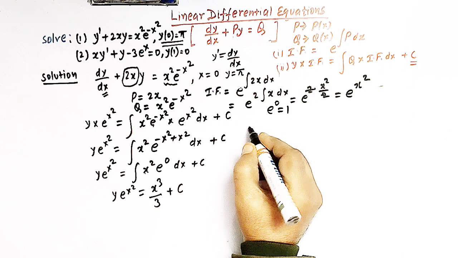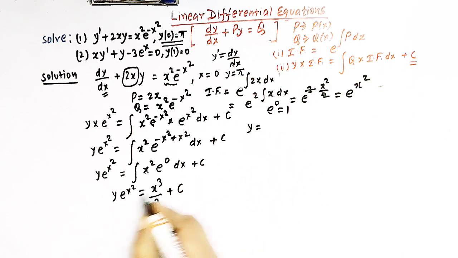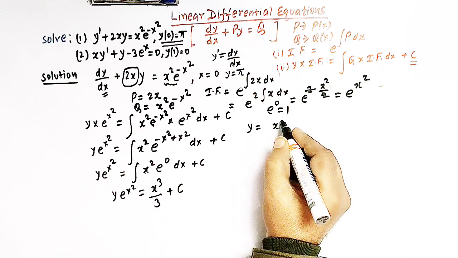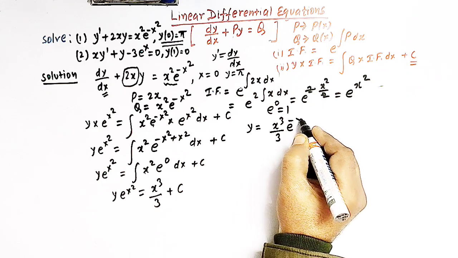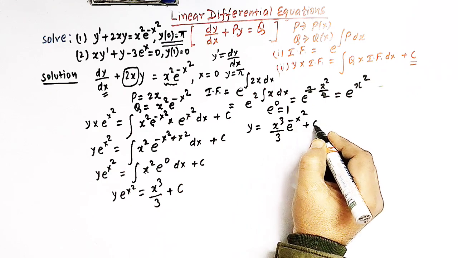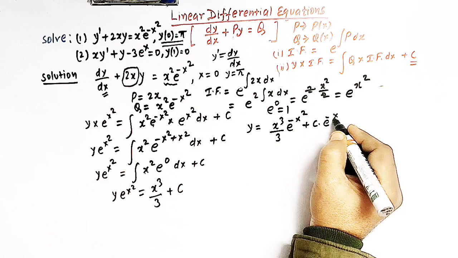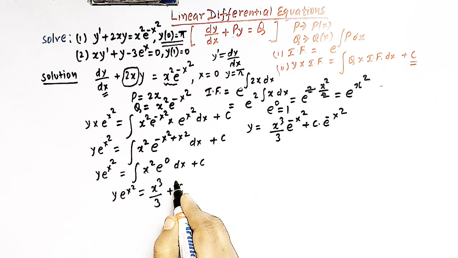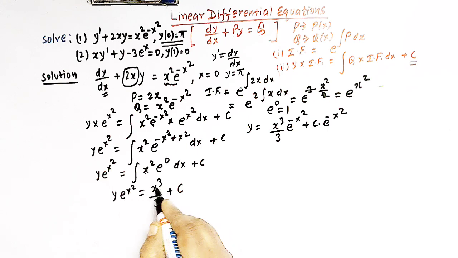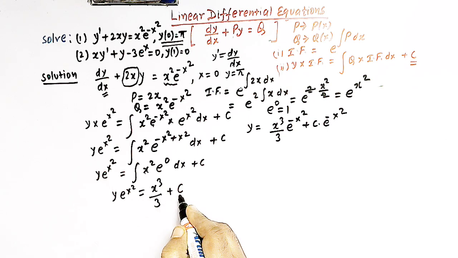So we can now write this expression as x cube over 3 times e raised to minus x square, plus c times e raised to minus x square, right? So taking e raised to x square to the denominator, y equals the quantity x cube over 3 plus c.